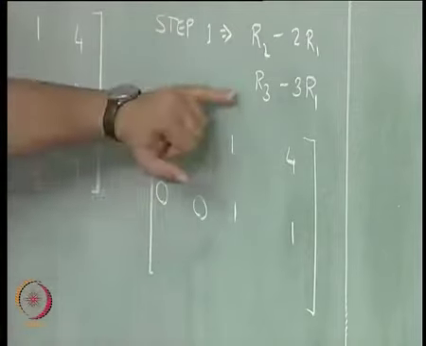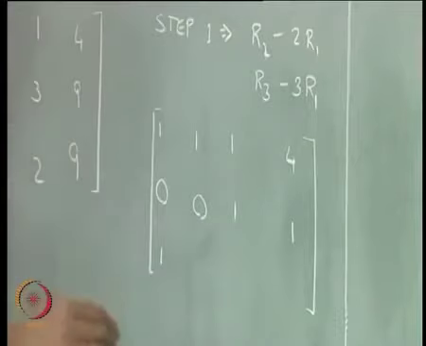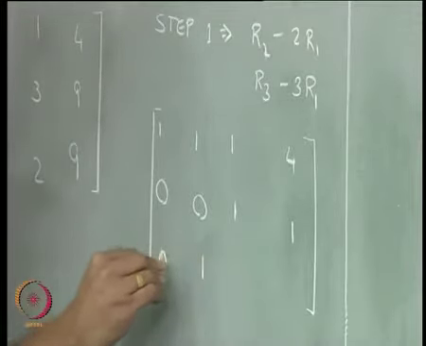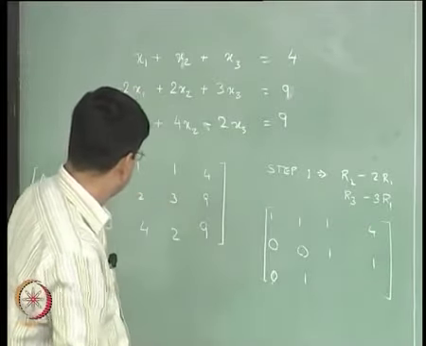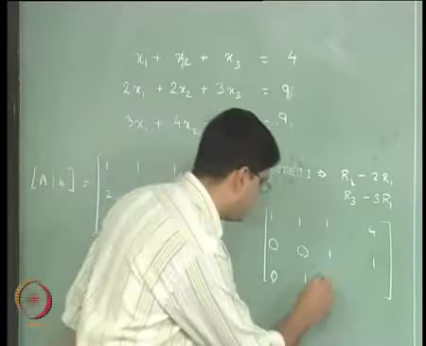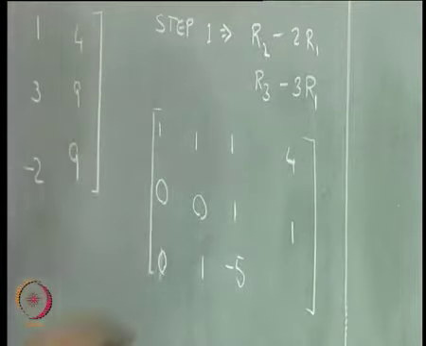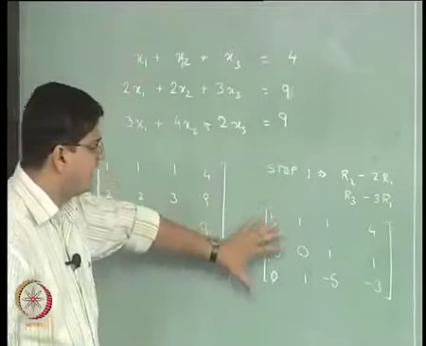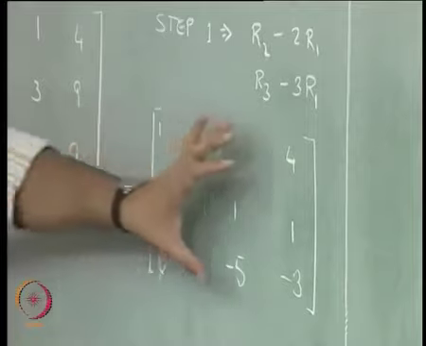And when we do R3 minus 3R1, we will essentially get 0 1, 2 minus 3 is minus 1... so 2 minus this would be minus 2, so minus 2 minus 3 will be minus 5, and 9 minus 12 will be minus 3, same as before. So at the end of step 1, this is what we actually get.